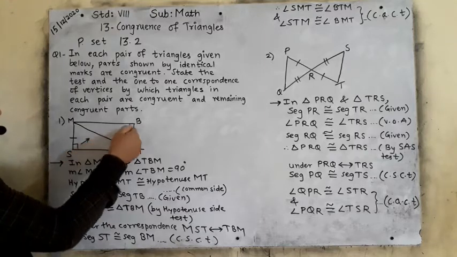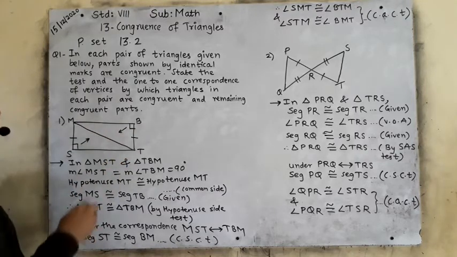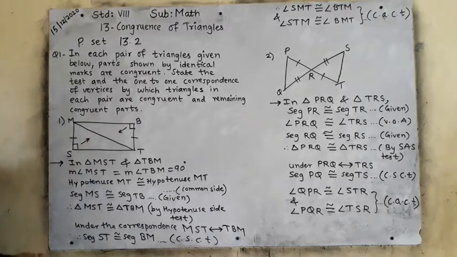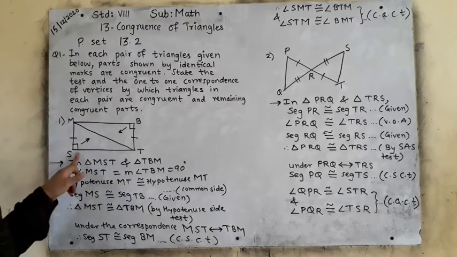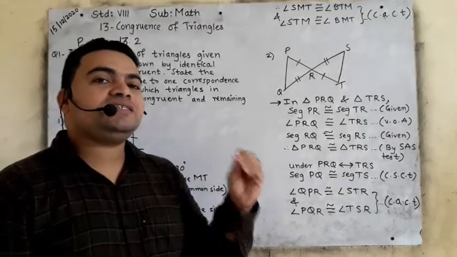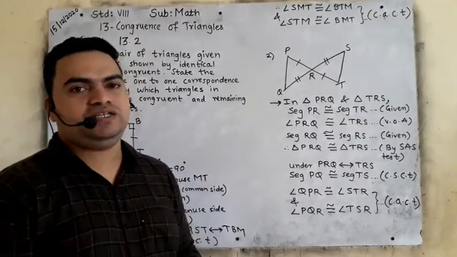It is here also and it is here also, so segment MT is the common side. So there is this side, this angle and this side. It is a right angle triangle, so we should know it is the hypotenuse side test. Therefore the given two triangles will be congruent to each other.